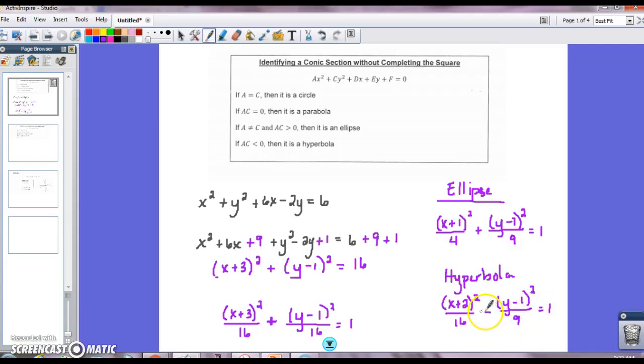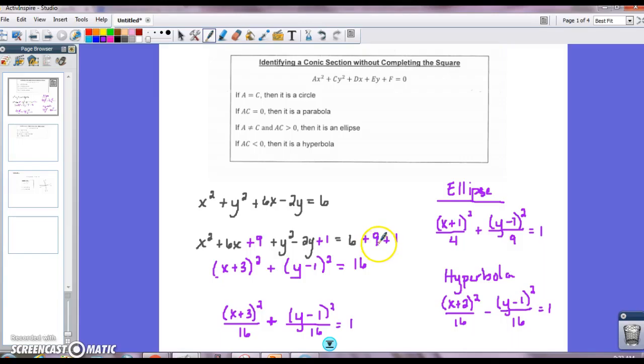That minus sign is what makes it a hyperbola. Now, if both denominators were the same, it would still be a hyperbola because of that subtraction sign, because one of these is positive and one of these is negative. So that's different than the circle over here. So that's how you would do all of that if you completed the square.